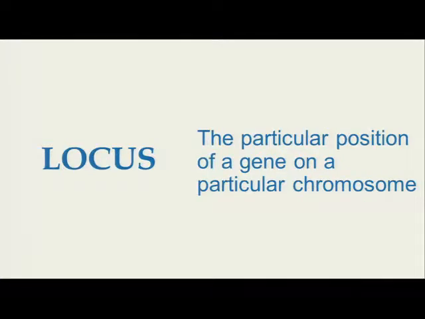Let me first deal with the locus before I go back to the concept of allele. The locus, that is the specific, the particular position of a gene on a specific or particular chromosome. The positions of genes remain constant.